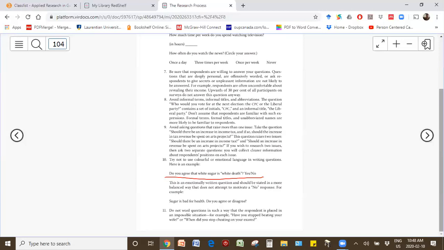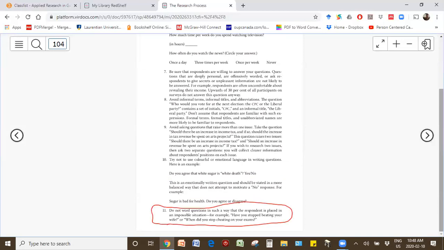They've made it an art form. And people revel in that kind of nonsense. A better question is, sugar is bad for health. Do you agree or disagree?